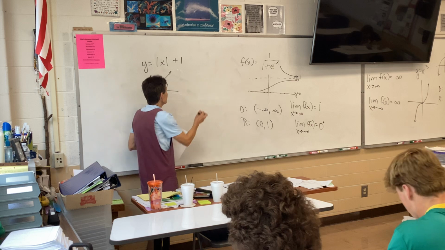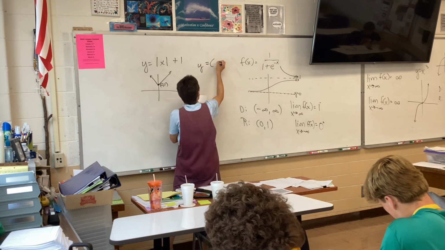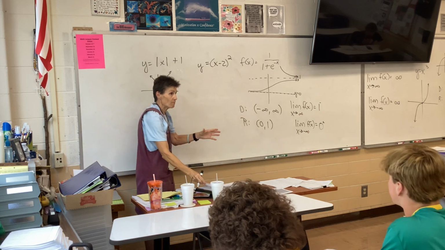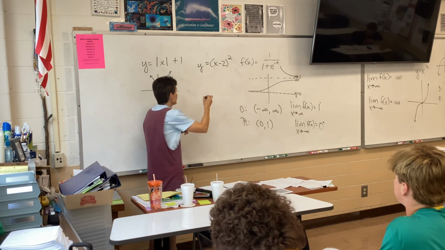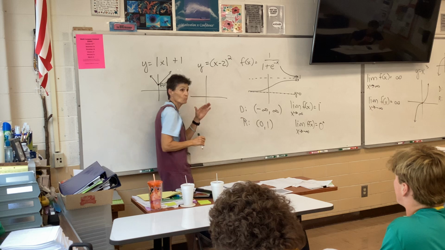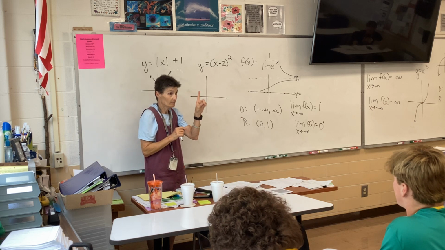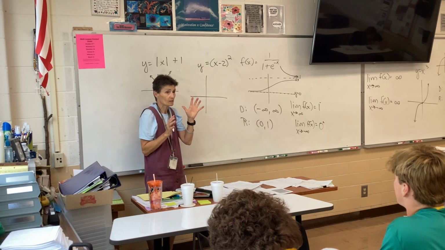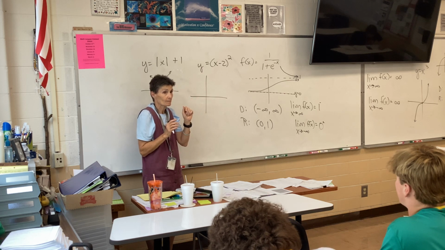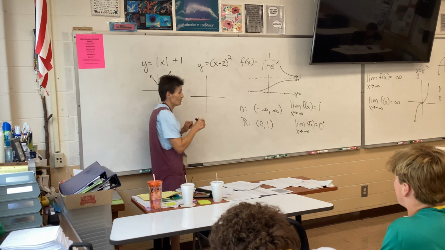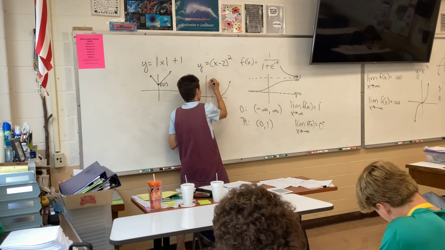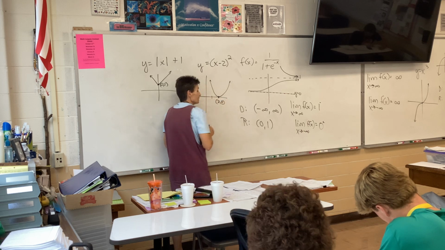Now, what about 2? This is another, what we call translation. We're going to pick the picture up and move it. But first of all, this will be a parabola. And how is it being moved? Right, 2.